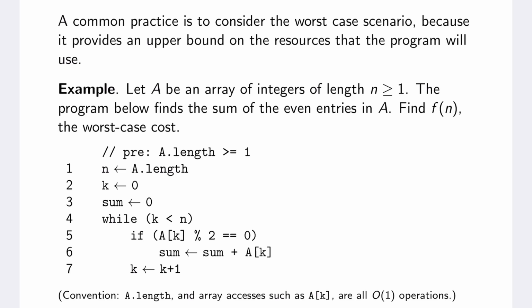Taking the worst case analysis guarantees that your prediction of how much resources you'll need, in this case fuel, will be enough to do the task, in this case, drive to school.